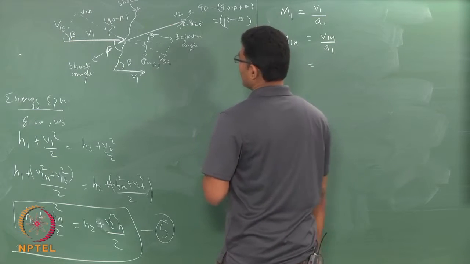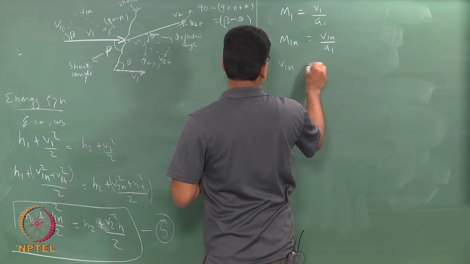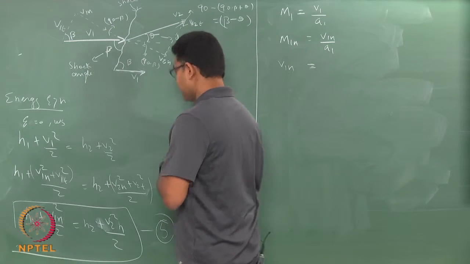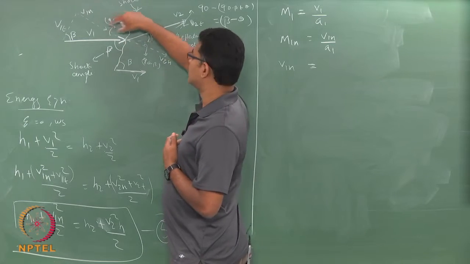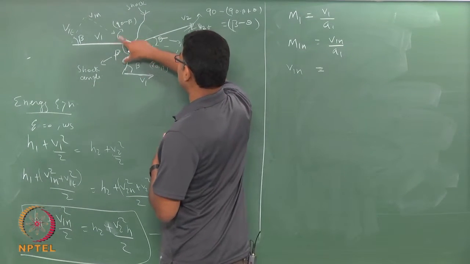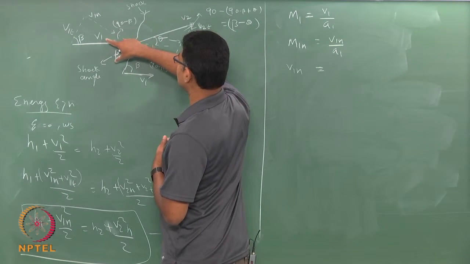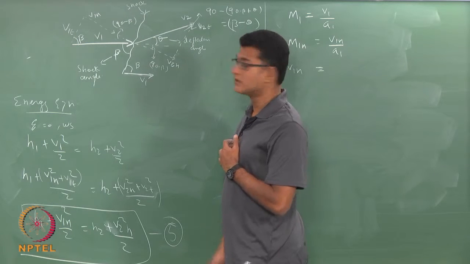So, V1 in the normal direction is this component of the V1. So, it is sine of the deflection angle, correct.